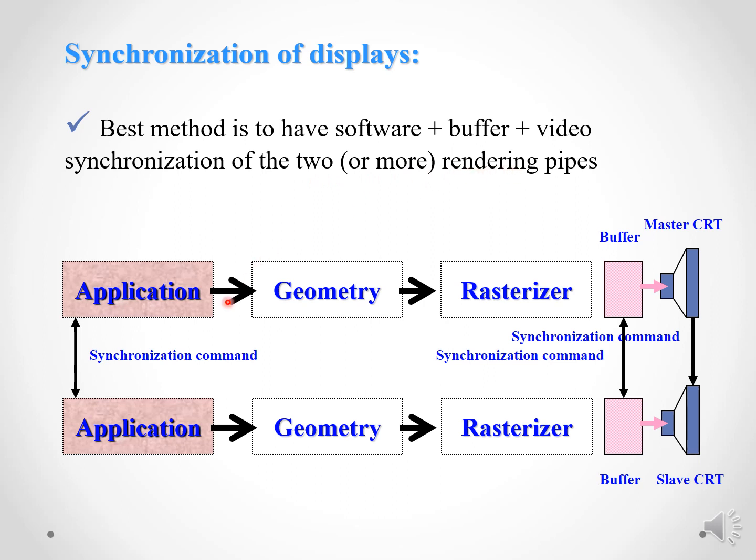So it will have the synchronization command on different pipes, and also in the buffer swapping here, and also on this cathode ray tube as well. So by combining these three methods, the software, buffer, and video synchronization together, we can solve this non-synchronization problem.